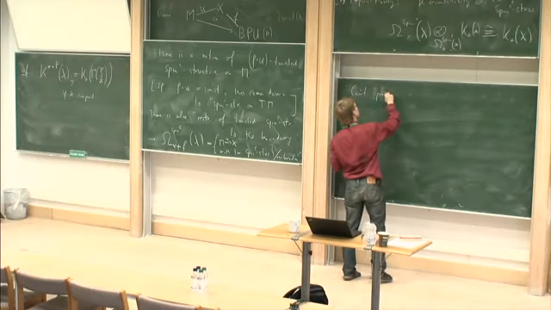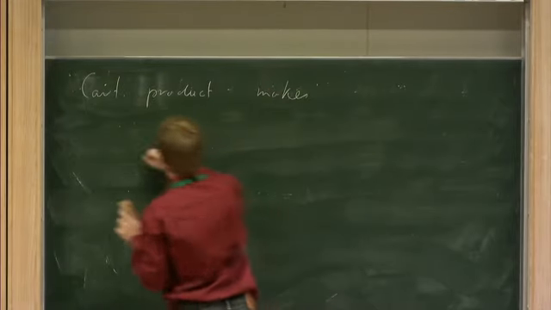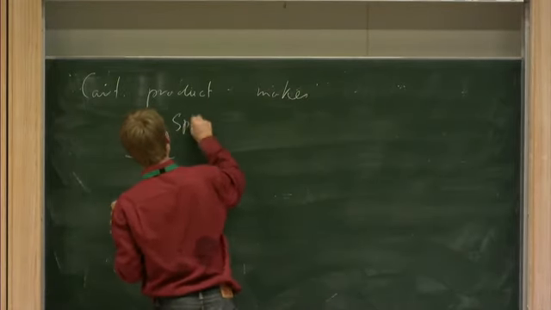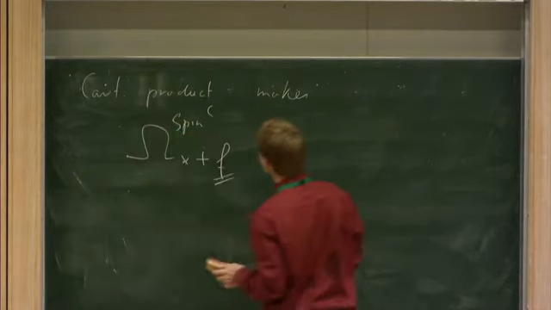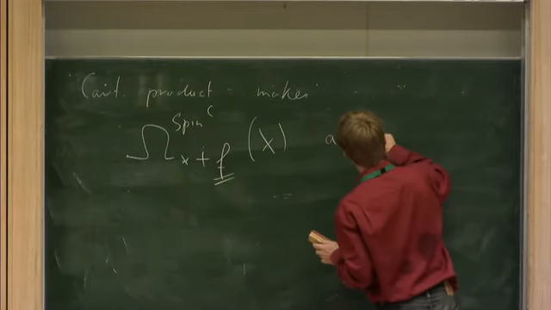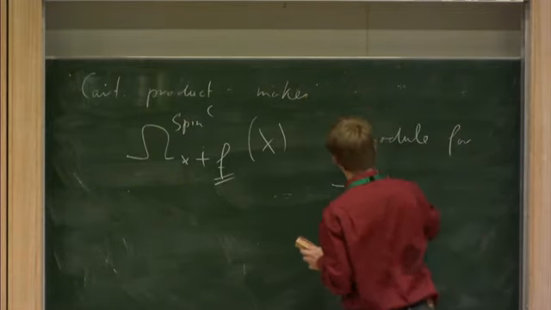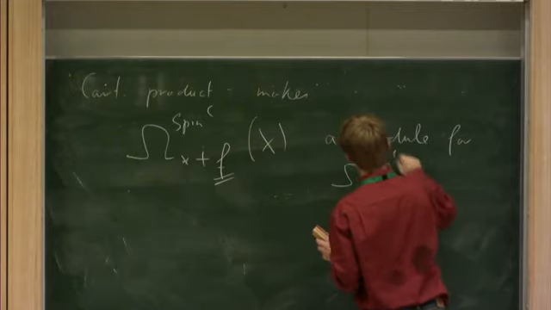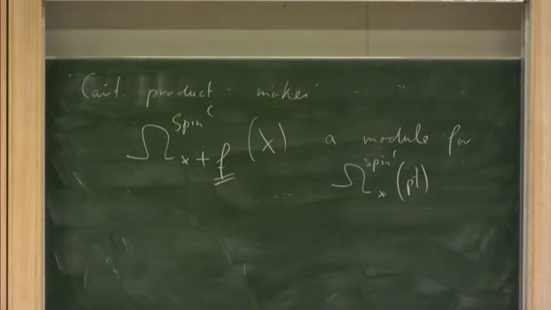Cartesian product makes this twisted, so that's where it's important: twisted spin C Bordism over X is a module for spin C Bordism of the point.